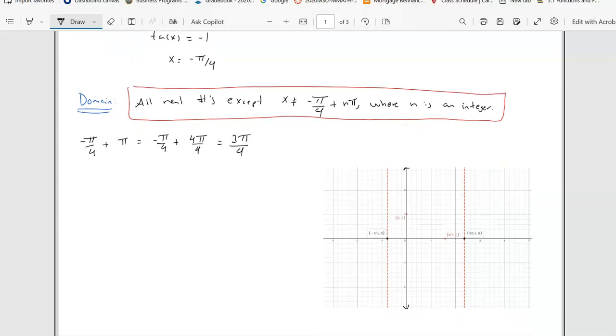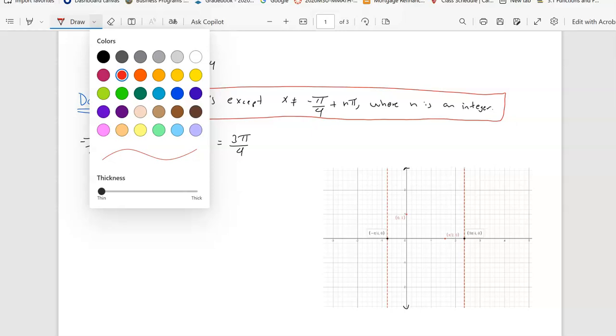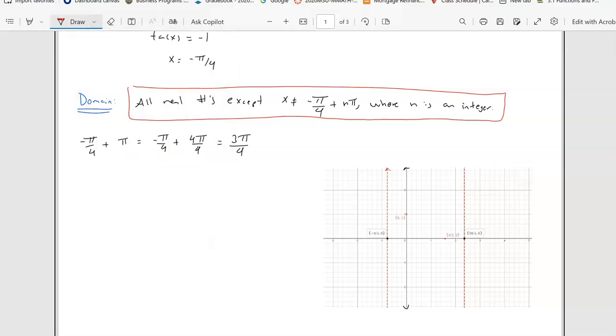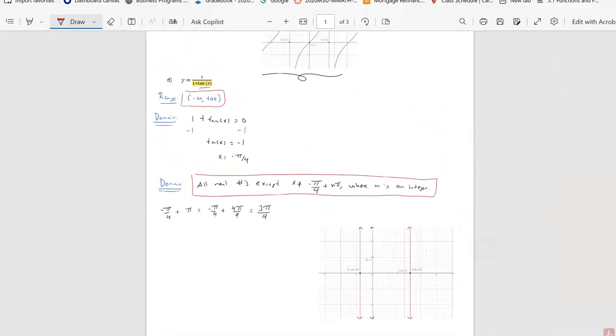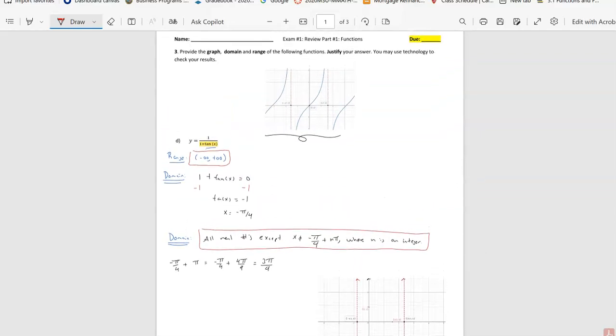That gives us two vertical asymptotes, one at negative pi over 4 and the other at 3 pi over 4, which I have already placed here to scale. That's it for the domain and range of the function, which is what they're asking on the question.